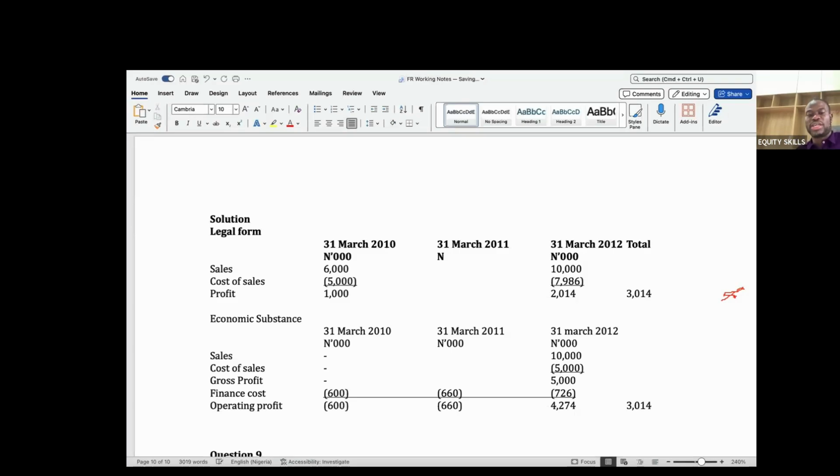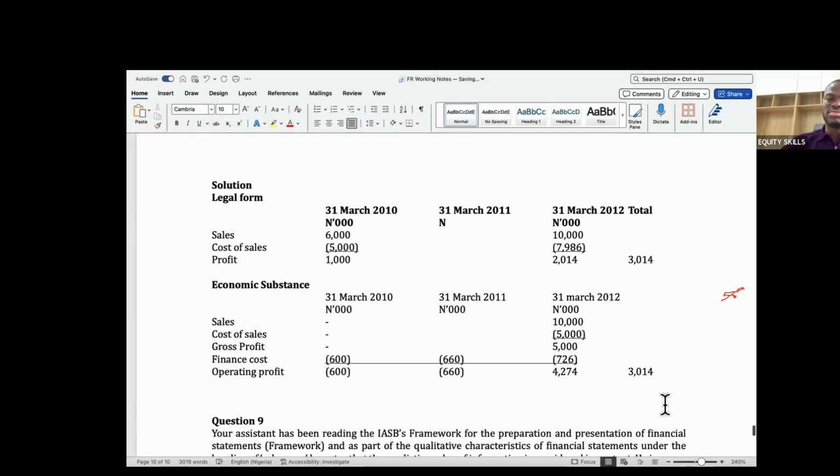Okay. It's not surprising that the total profit is the same for both substance and legal form. So that means the difference is actually the timing of recognition and presentation. While legal form records at a point in time a major amount, it records profit in year 1, records profit in year 3, substance records activities that happen over the period.